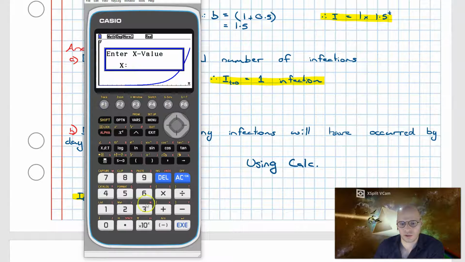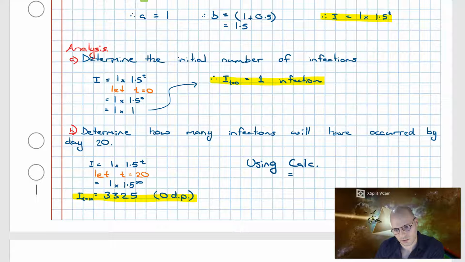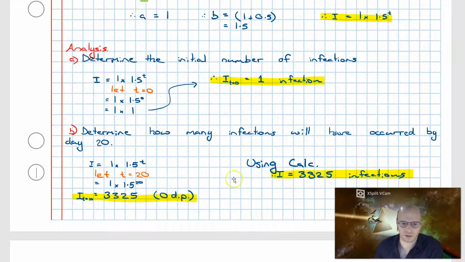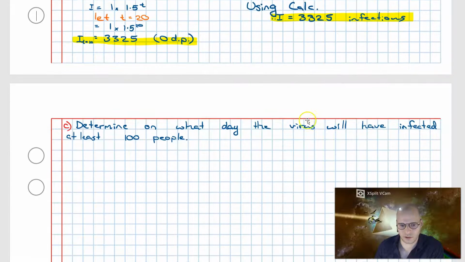It'll ask for an x value, we're going for day 20. And lo and behold, it reveals to us the information, 3,325. So this is I. So two methods we can use in this route. We can either go for the algebraic method, or if we want to go fast, we just go for the calculators. We go this method whenever we're not told to show, simply because it's quicker, less prone to error as well.